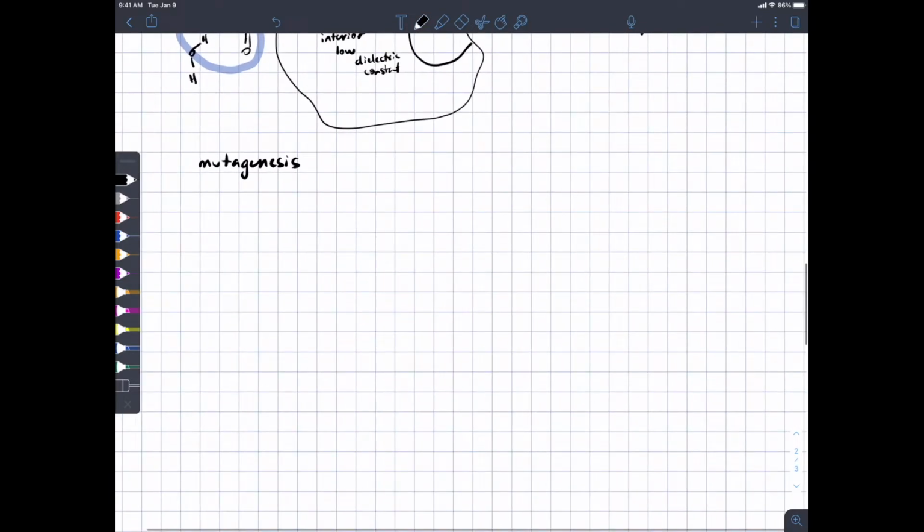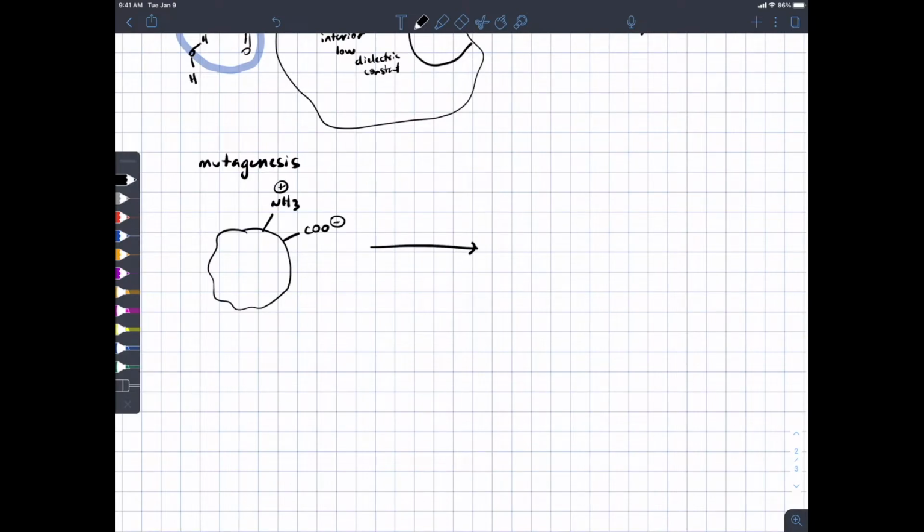So as an example, suppose, again, we have our protein and we're interested in knowing whether having this positively charged side chain next to a negatively charged side chain matters. This is the amino acid lysine, let's say this is the amino acid glutamate. What we can do is replace lysine with the amino acid alanine. And that amino acid alanine is much shorter and has just a methyl group, no charge, right?